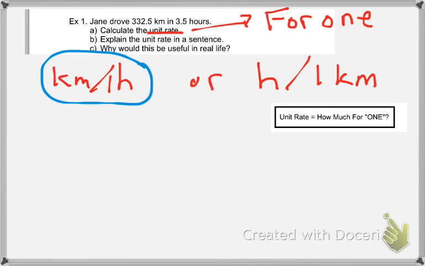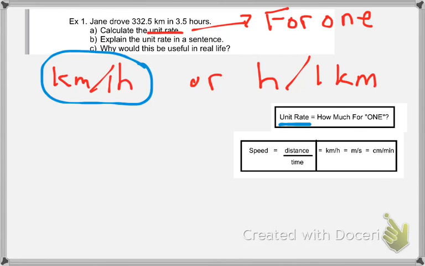So the unit rate means how much for one of something. And when we're talking distance and time, we are talking about speed, which is a concept that's used every day. So distance over time could be kilometers per hour. That would be like driving a car.